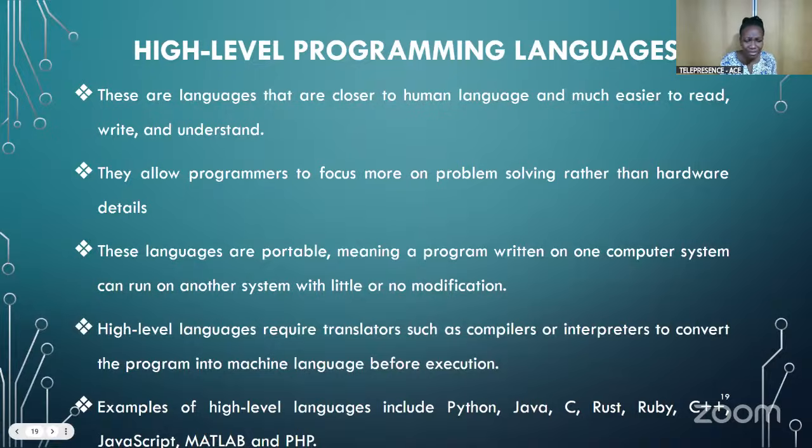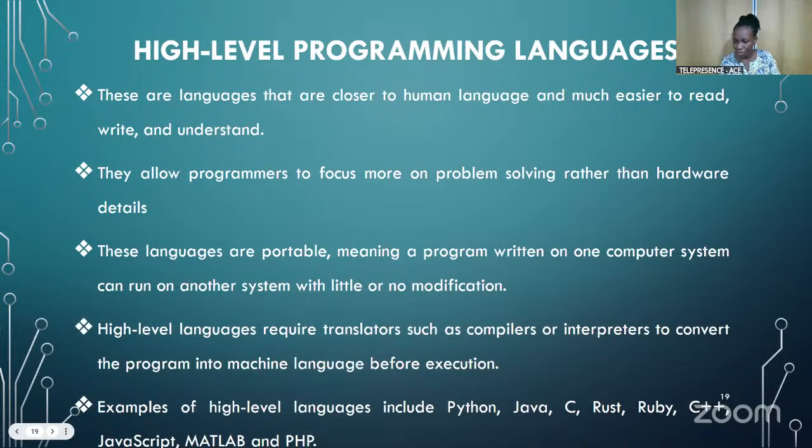Now, high-level languages require translators. I said earlier that the native language of a computer or system is machine language. So you need translators such as compilers, interpreters, or assemblers.